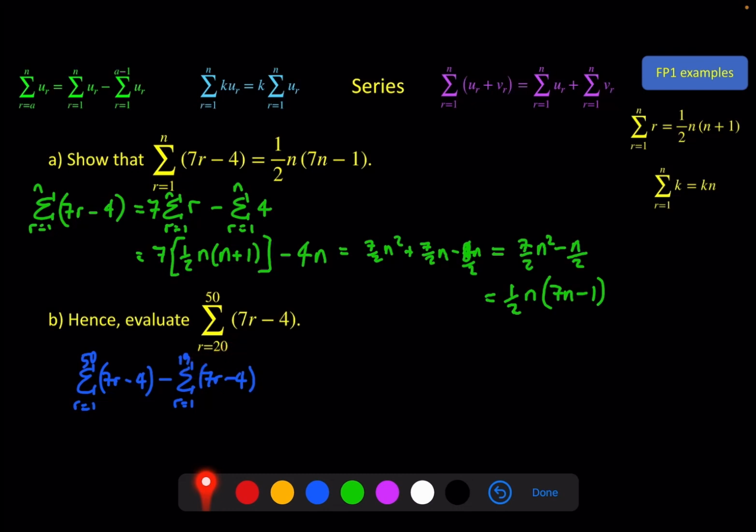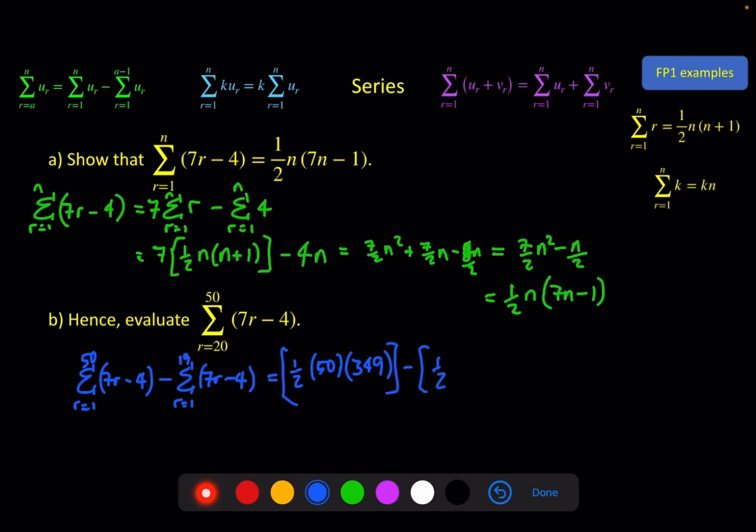And to do this, because we've got the formula now from part A, we're just going to apply this formula. 50 for the first term, and then 19 for the second one. So we've got a half times 50 times 7 times 50 minus 1, 349. That's the first one.